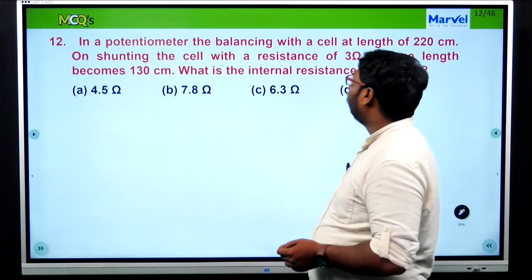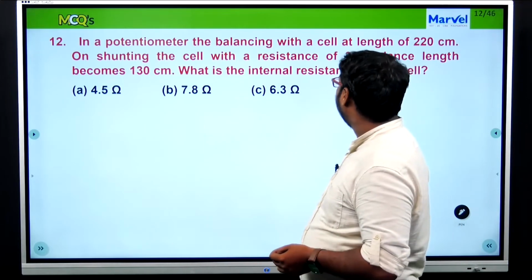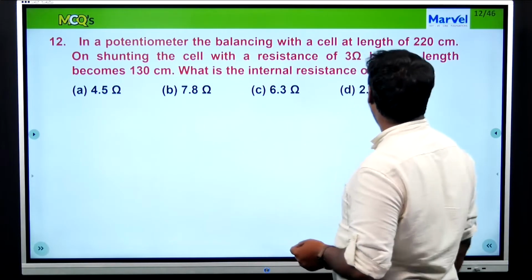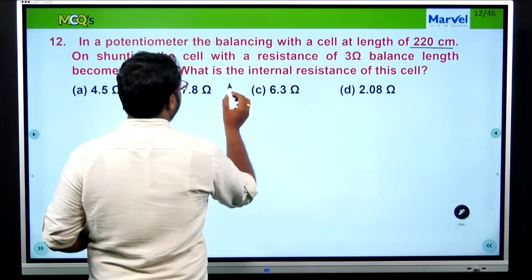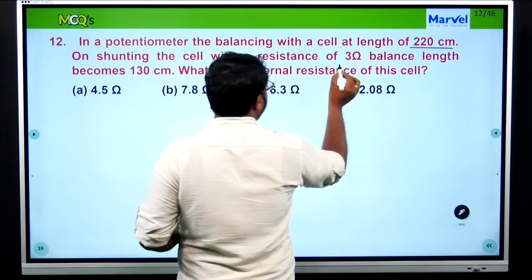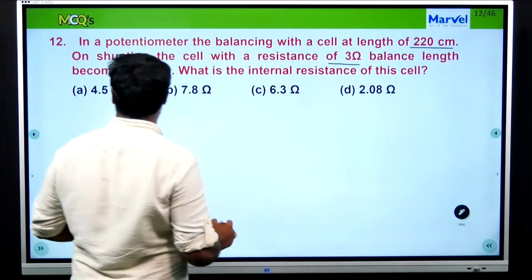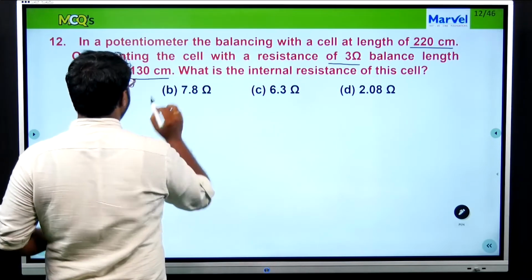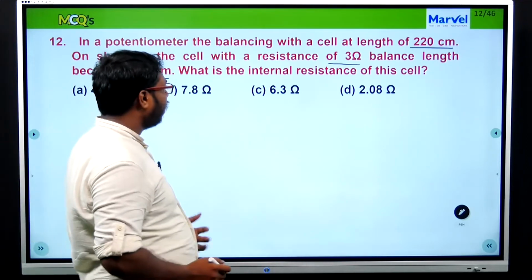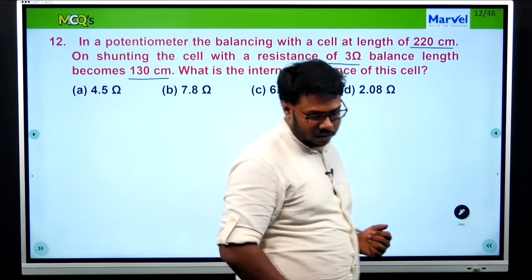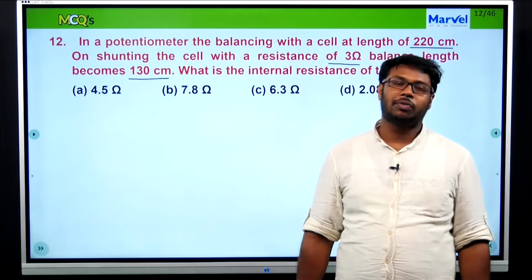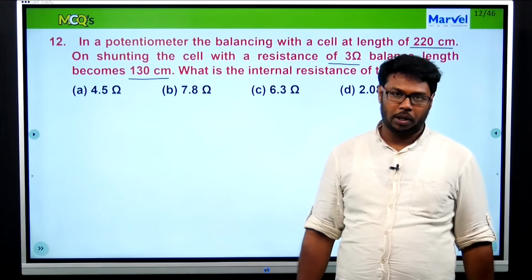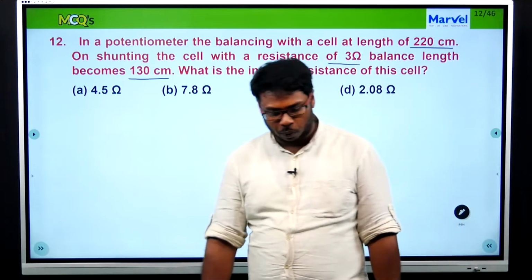In a potentiometer, the balancing length with a cell is 220 centimeters, and on shunting the cell with a resistance of 3 ohms, the balancing length becomes 130 centimeters. What is the internal resistance of the cell? There is a formula to find the internal resistance of a cell using a potentiometer, which is a straightforward question.